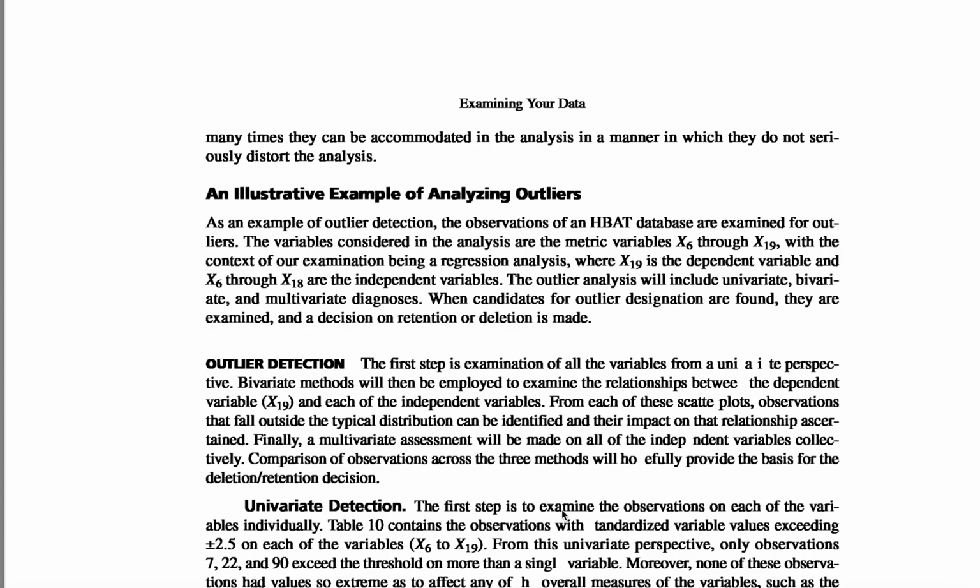The outlier analysis will include univariate and multivariate diagnoses. When candidates for outlier designation are found, they are examined and the decision on retention or deletion is made.